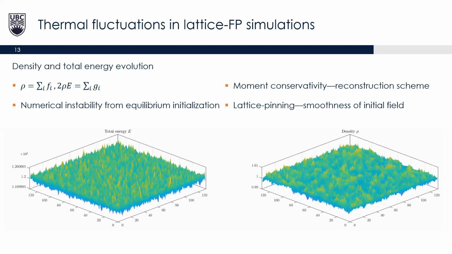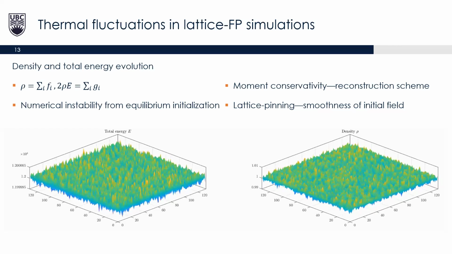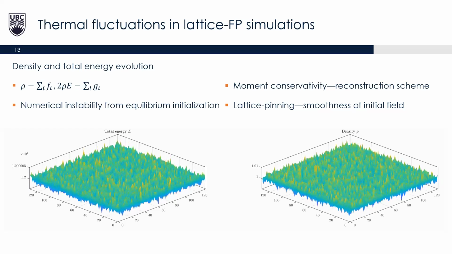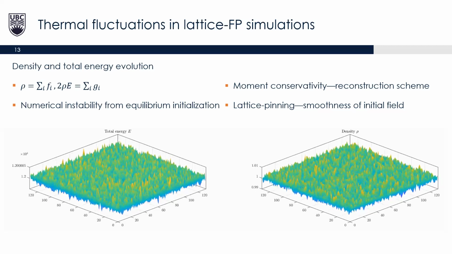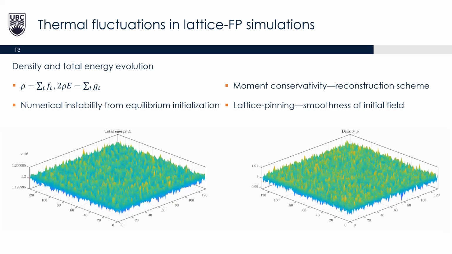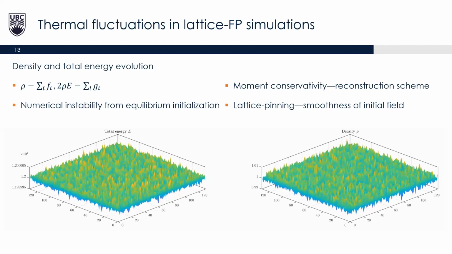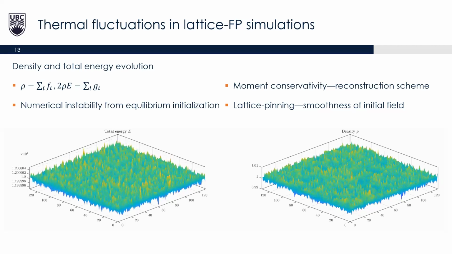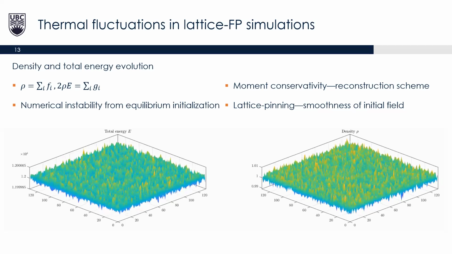There's still a bunch of problems in it that need to be ironed out. I need to figure out if the reconstruction schemes are conservative and come up with some better initialization schemes. And there also seem to be some lattice pinning issues sometimes, but that could be because it's so non-uniform.